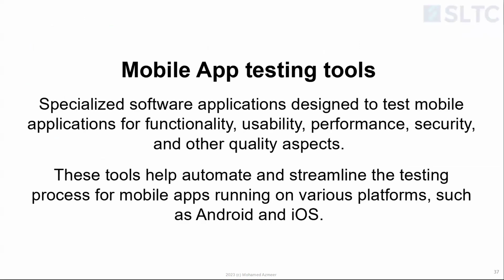Right. So with that, we come to our fourth type of testing tools, mobile app testing tools. So what does this mean and why is this different to other testing tools? They are specifically designed for mobile applications, right? Because if we look at the environment of a web-based application, which generally runs on a laptop or a desktop, versus desktop application and mobile application. So a mobile phone has limited screen size, limited network speed, limited capacity, right?